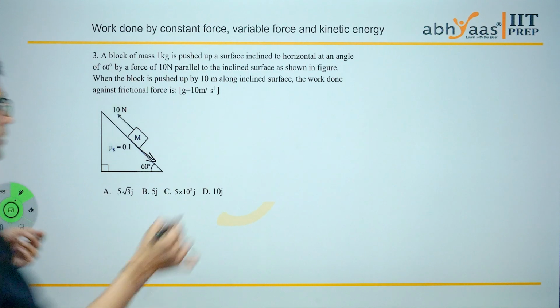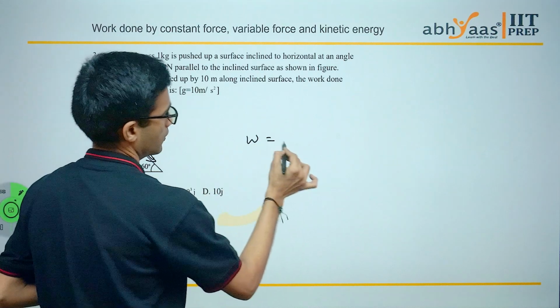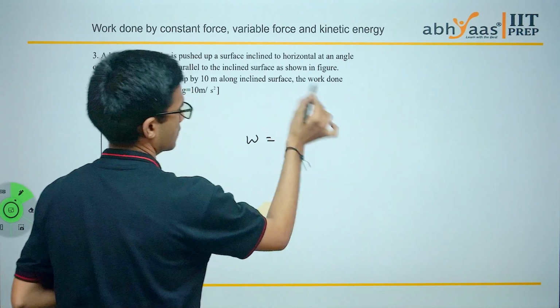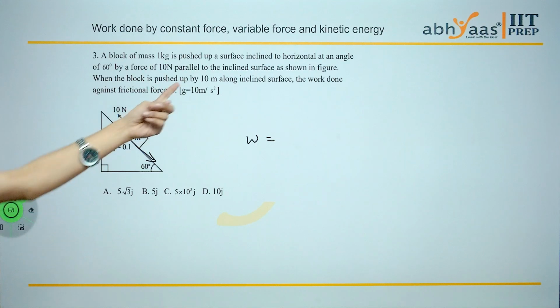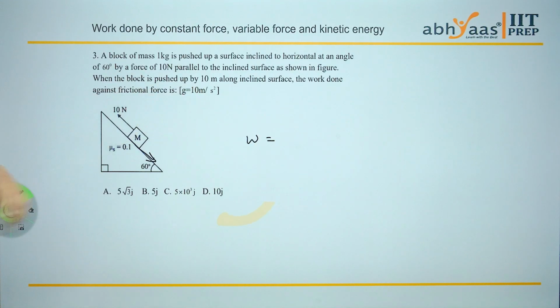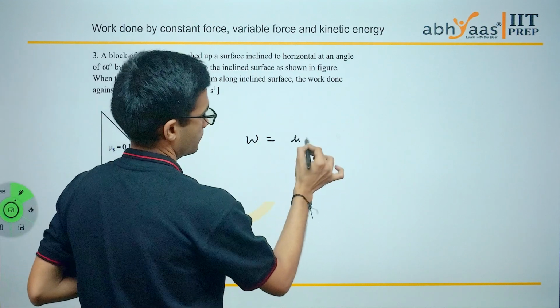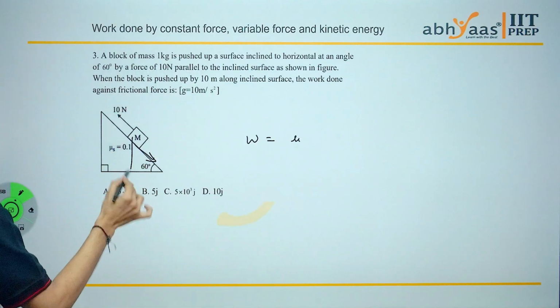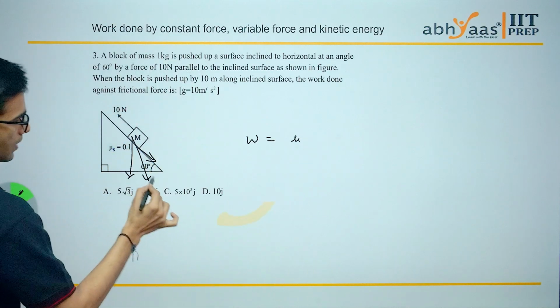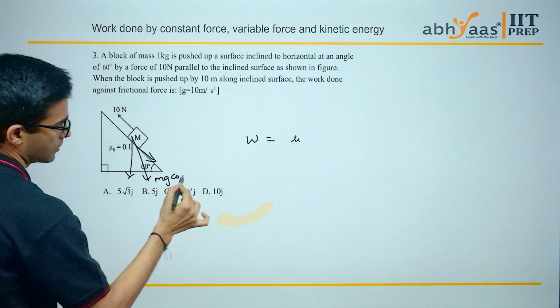So what is the work done? Work done equals force into displacement. What is the force? Work done against frictional force, that force you have to consider. Distance traveled is how much? 10 meters. So again mu, but here mg is like this. If you resolve it into components, this is mg cos theta.